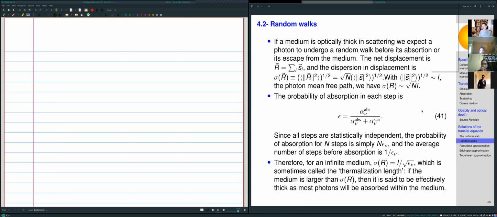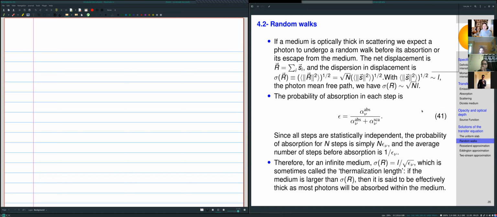We are imagining here that the interaction of photon and matter can be described by two terms, an absorption term and a scattering term, which would be the continuum description. In each encounter between the photon and matter, there can be a scattering event or an absorption event.